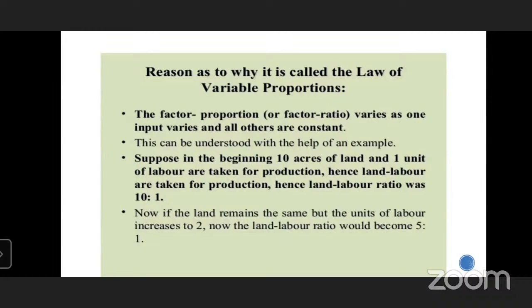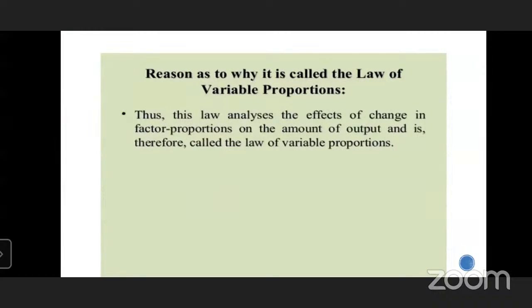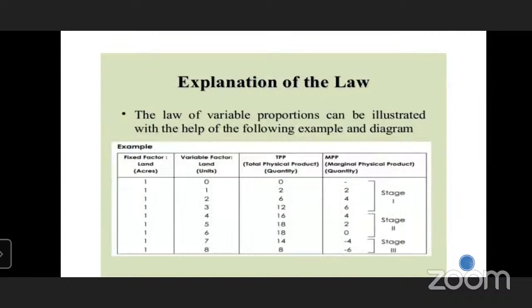Like when we increase to 2, it may become 5, it may become 10 again. Means the output has not increased, only the input increased. So from 10 and 1, it will become 10 and 2. So 10 divided by 2 is 5. So the land labor ratio is 5. So I have taken it.